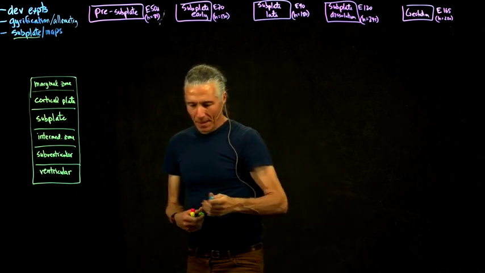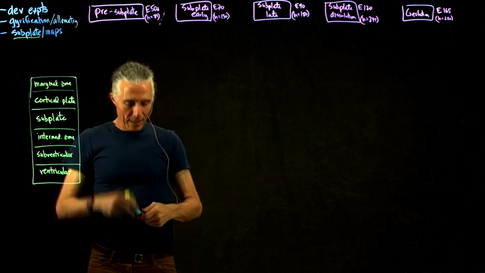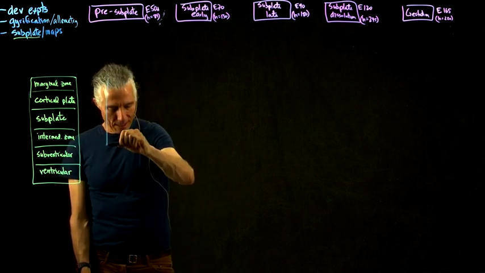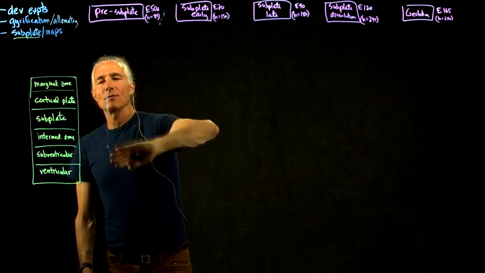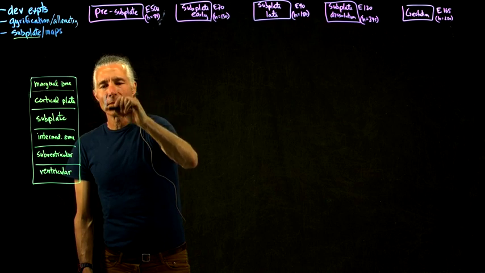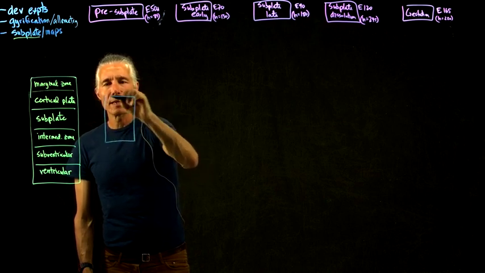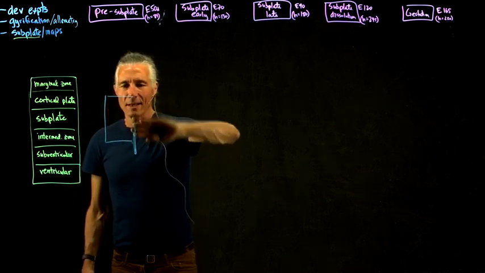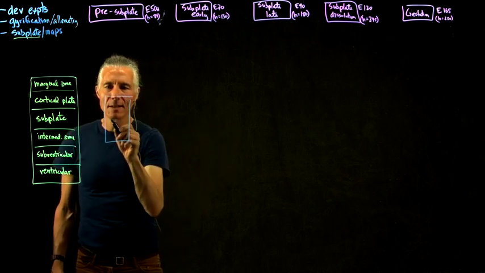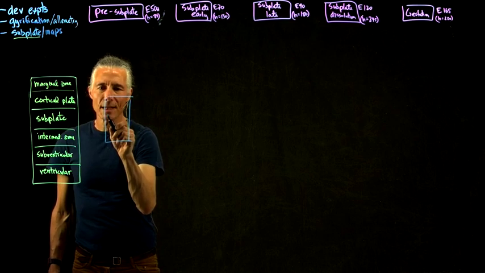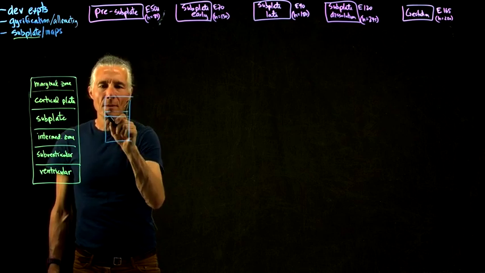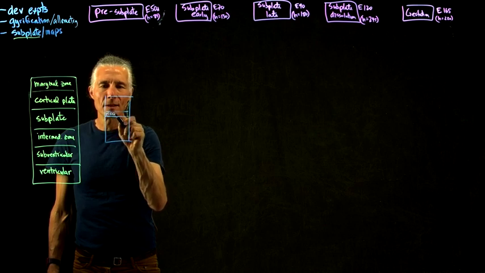Okay, so if we look at the pre-subplate, if we draw a section through the cortex, you've already got some plate, meaning final cortex. So we've already got some cortical plate happening, and that part is very dense with cells.